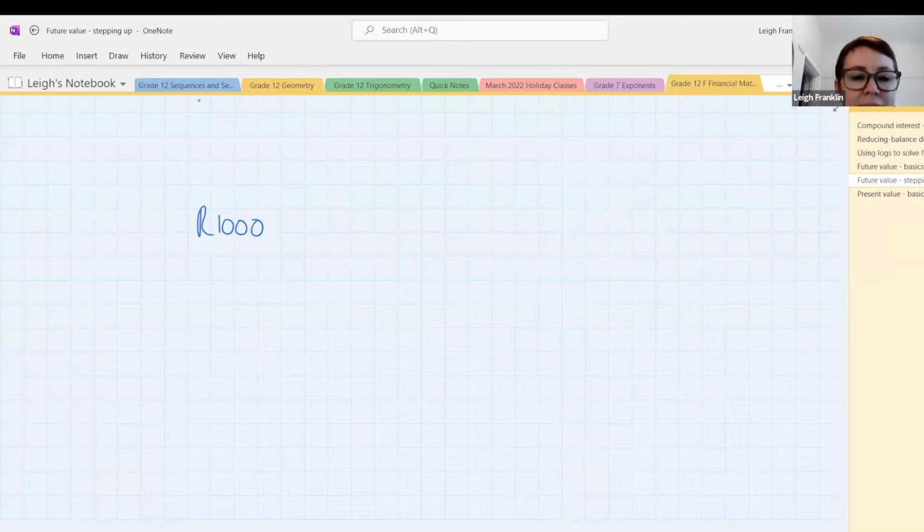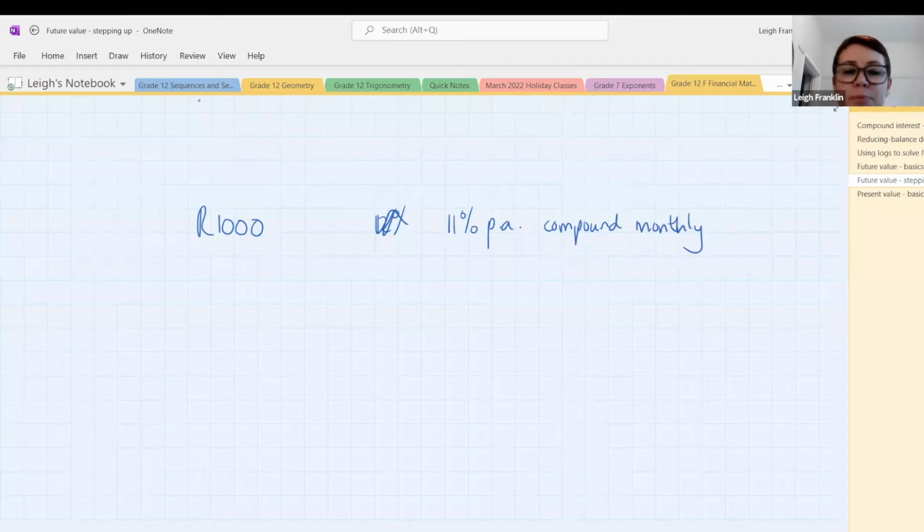Let's use 11% per annum, and it is compounded monthly. And let's pretend that Neliswa leaves her money in this account for 2 years, right?